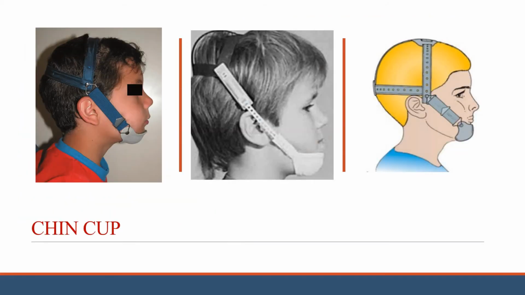And also we use a chin cup in the early mixed dentition stage. This inhibits the anterior growth of the mandibular jaw. This is a high pull face mask.